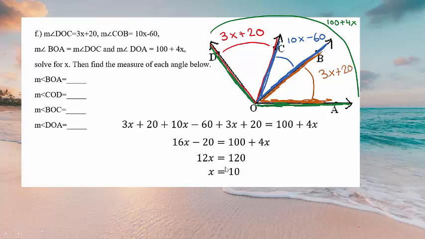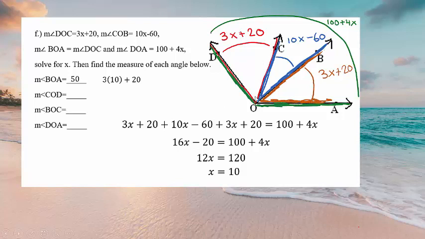Now that I know x equals 10, I can go ahead and answer these follow-up questions. The first thing it wants is angle BOA. Angle BOA has the expression 3x plus 20. I can now plug 10 in for x and then simplify. So that angle is 50 degrees. So this angle here is 50 degrees.